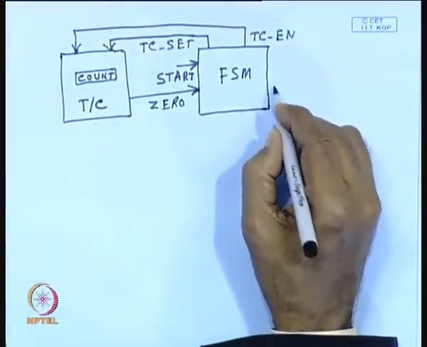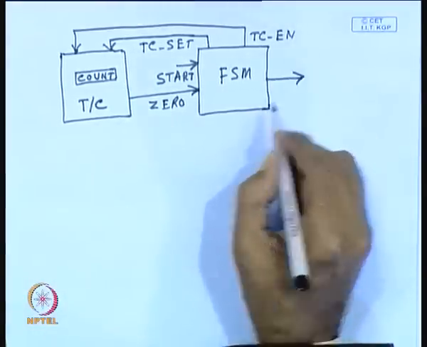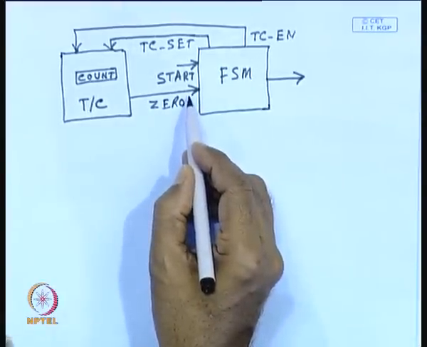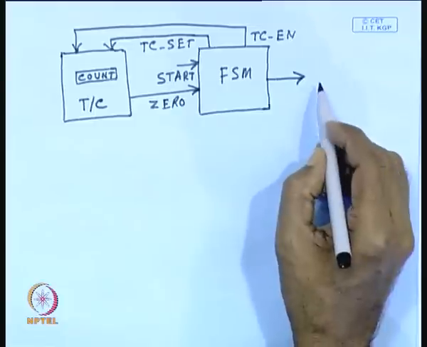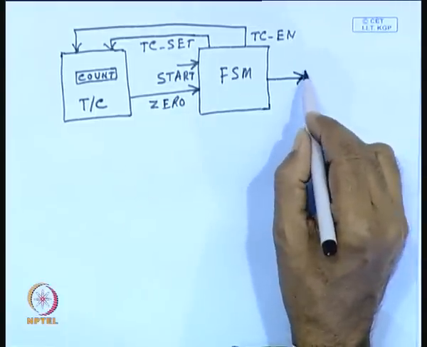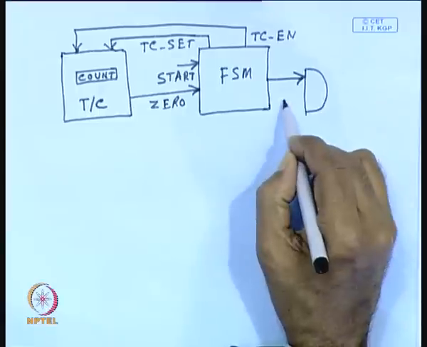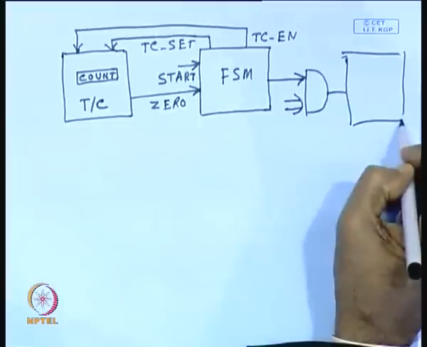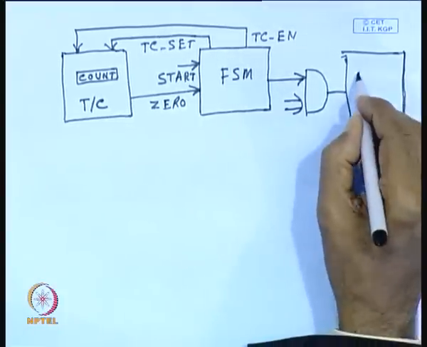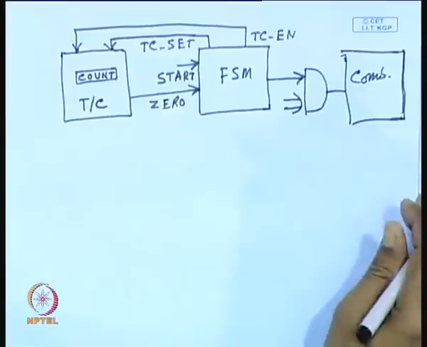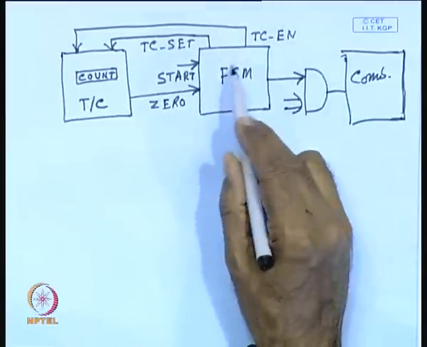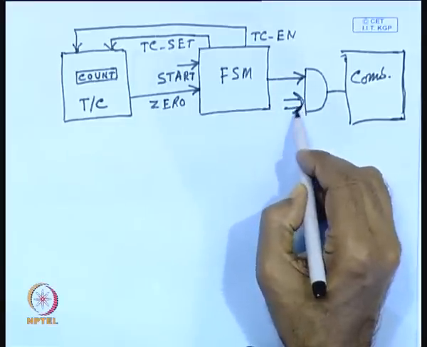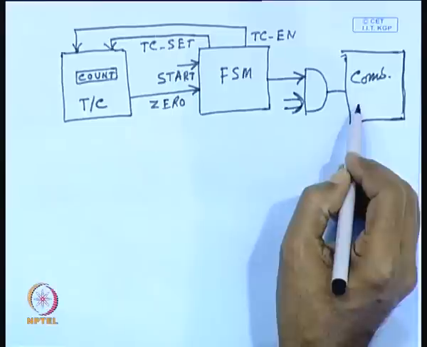Now, it operates in this way. The output of the finite state machine is generated only when this 0 signal is received by the finite state machine, and it may really drive a large combinational circuit. Inputs are applied to this combinational circuit, and power dissipation in this combinational circuit can be reduced because only when this 0 signal is coming, then these inputs are applied to the combinational circuit, otherwise they are not applied.